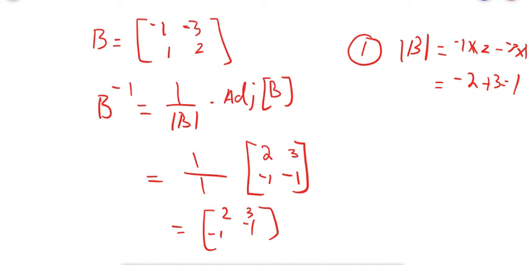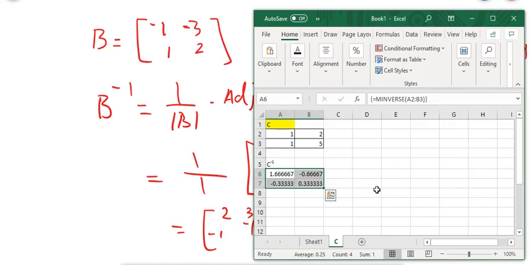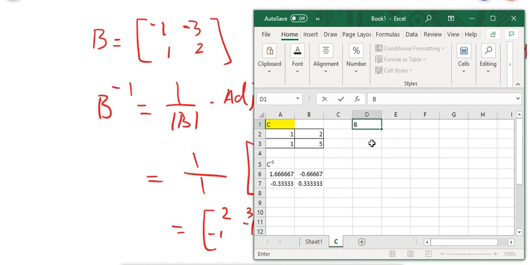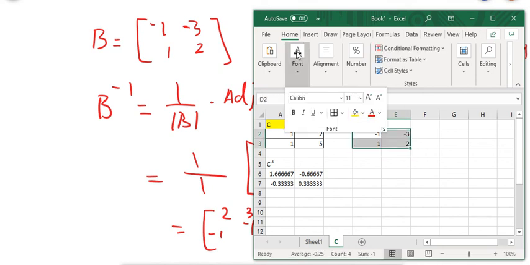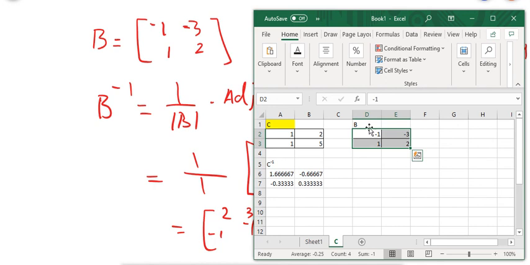Okay, by using Excel. So B is equal to minus 1, 1, minus 3, 2, and we want to find the B inverse.